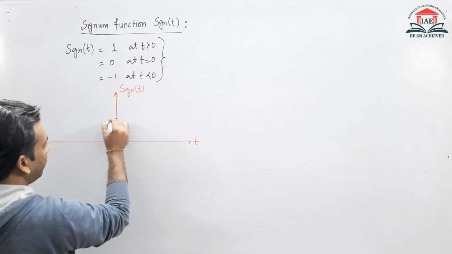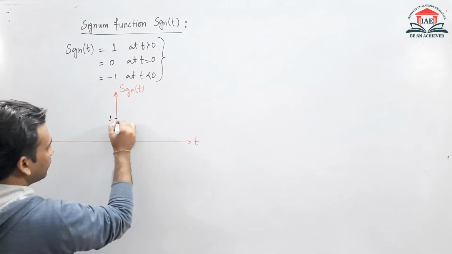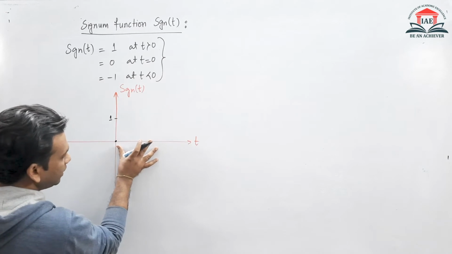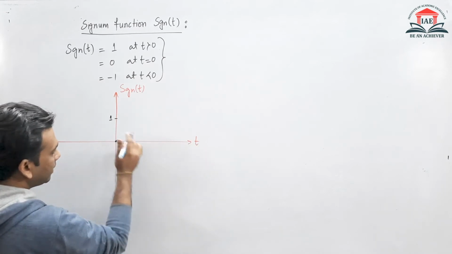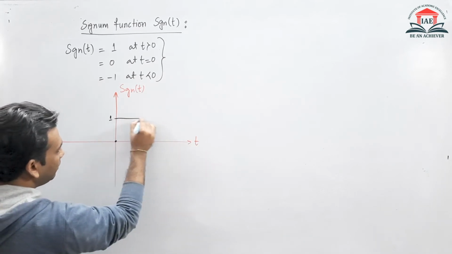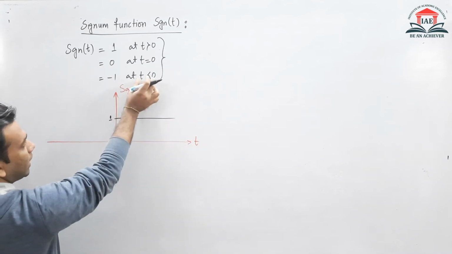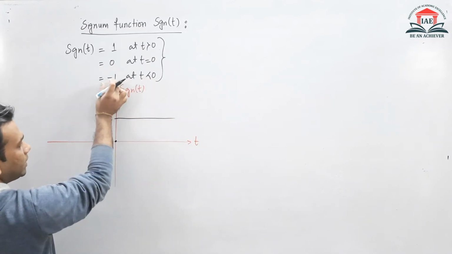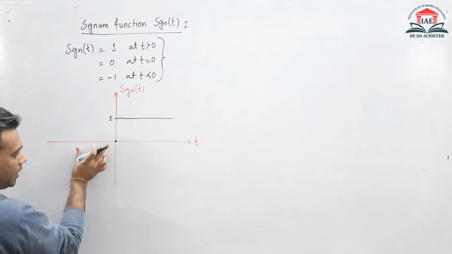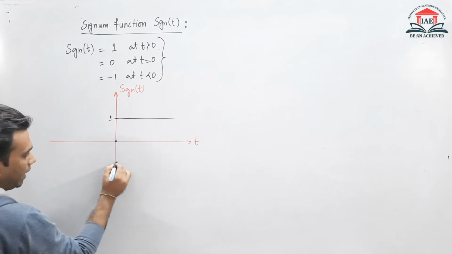So let us say the value 1 is here. For t greater than 0, meaning for the positive time axis, the value will be 1, and when the time is less than 0, that is minus 1. So for the negative axis of the time it will have a value of minus 1.